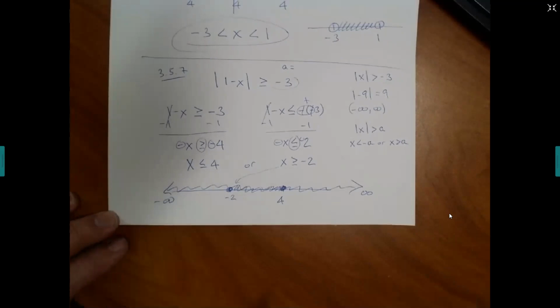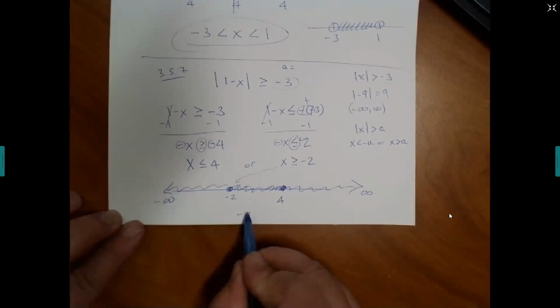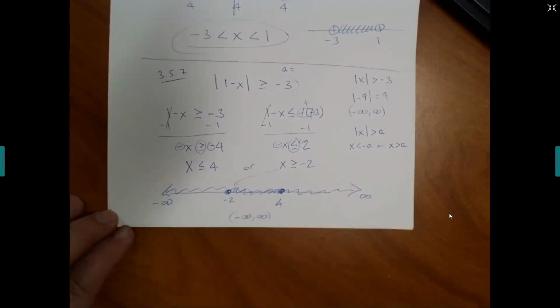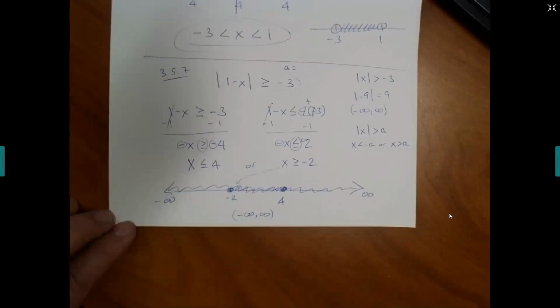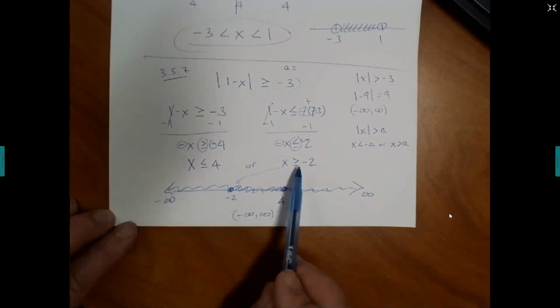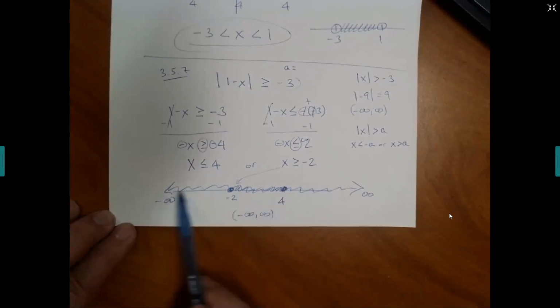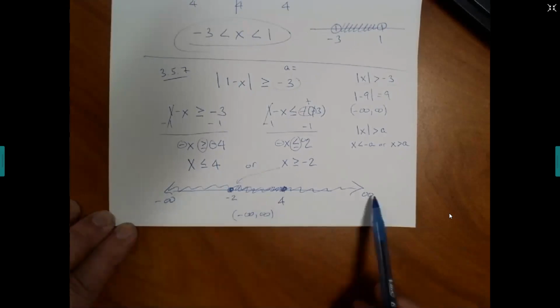So we see everything's shaded, so it goes from -infinity to +infinity. Once you see the graph, a picture's worth 1,000 words. Numerically, yes, these are numbers, but once you see it in the graph, if you overlap them, it includes everything. Everything less than 4 goes to -infinity. Greater than -2 goes positive.